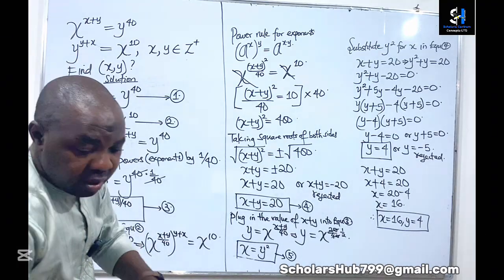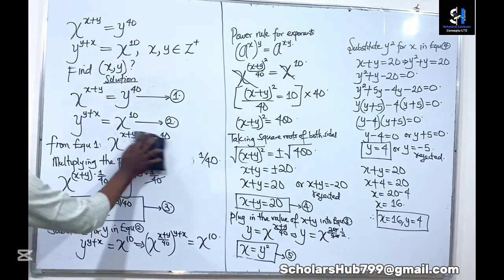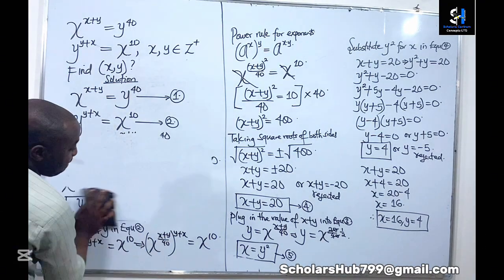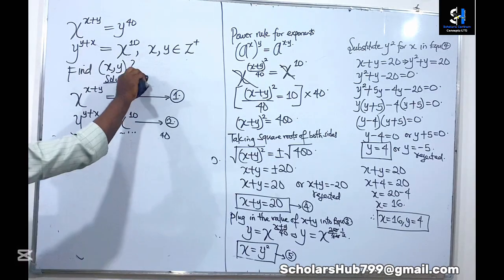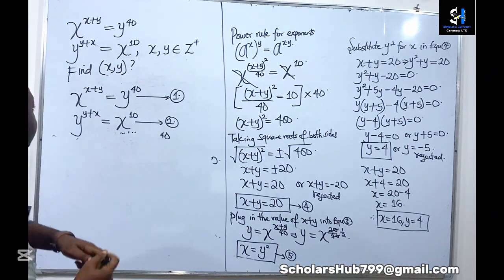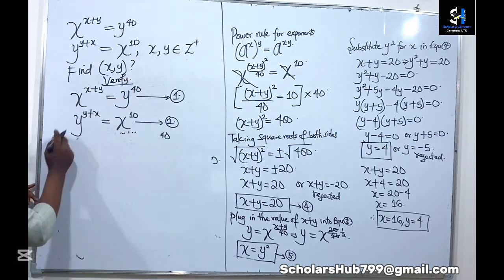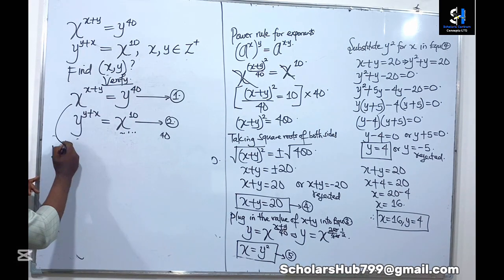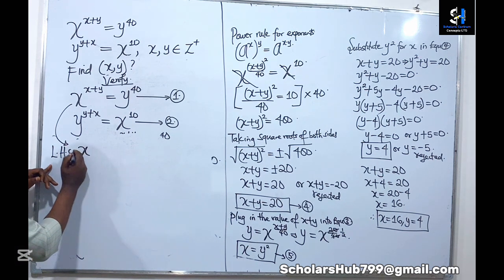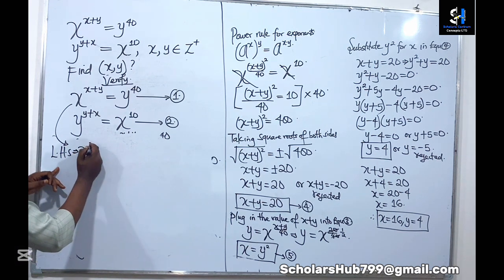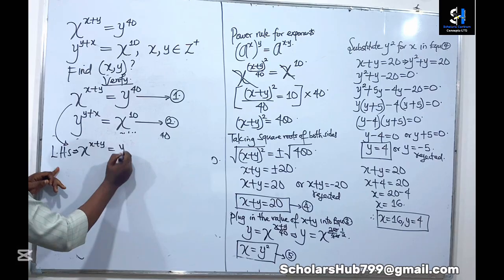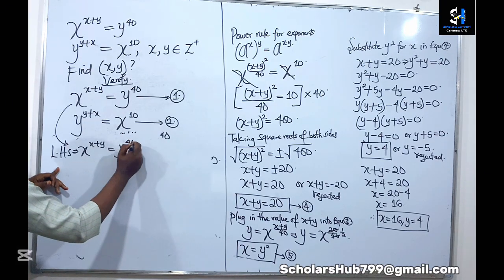Now let's verify our answers. For equation 1, the left hand side is x raised to the power of (x plus y), and it equals y raised to the power of 40.